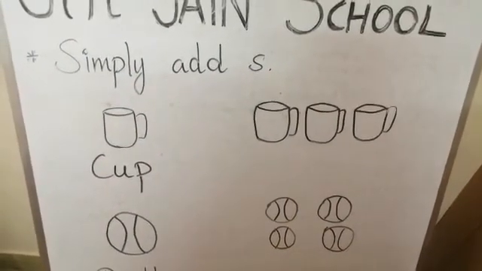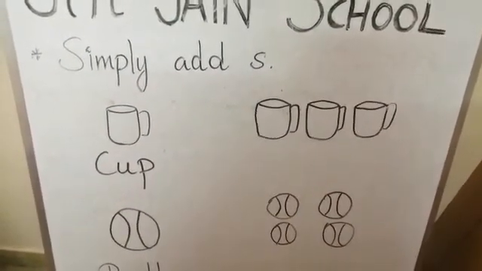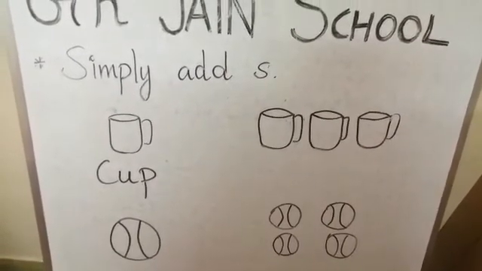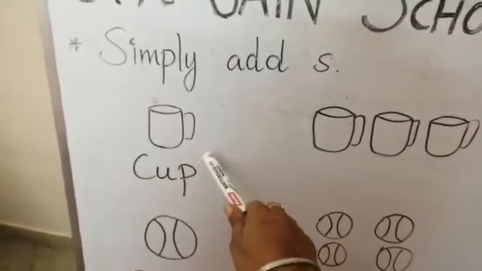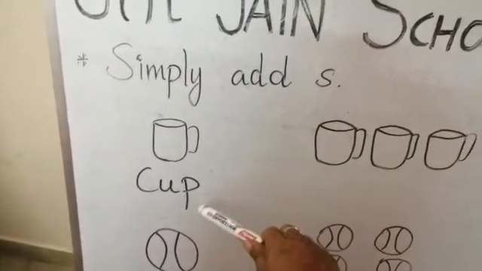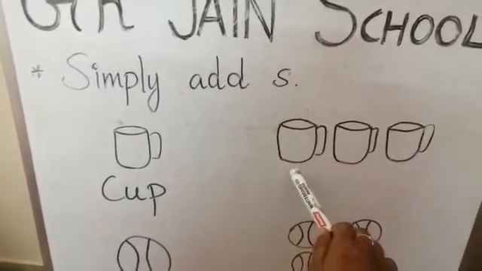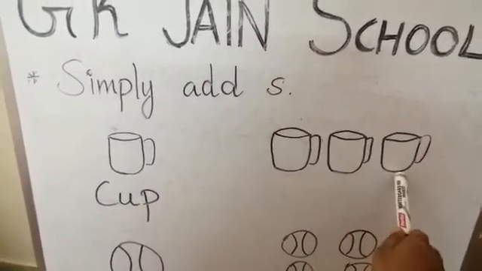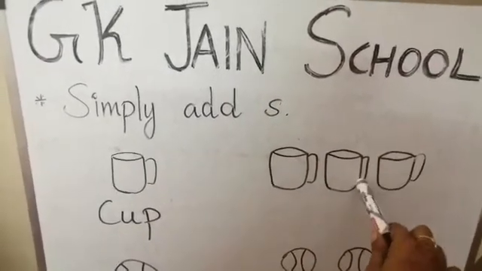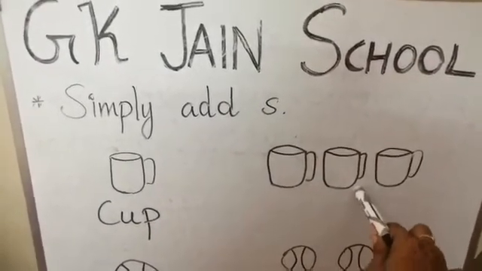So here comes the first instruction. First example: simply add s. Here we have one cup, C-U-P, cup. Here three cups are there. More than one is called plural, so you should write it in a plural form.